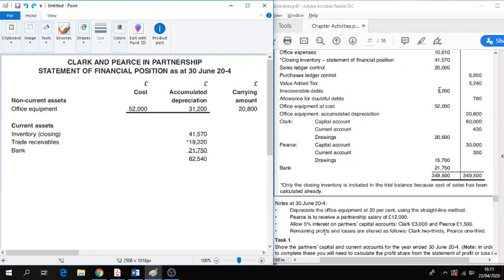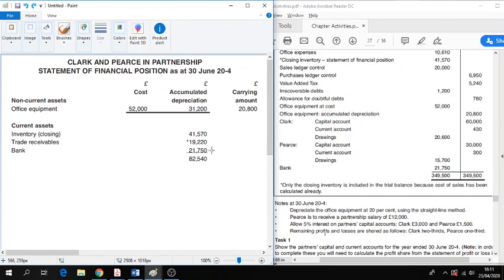So we have already credited the SLC, we've reduced it, and we've increased the expenses. That's how that got there in the first place. 1,200 appeared here. How? Because SLC was credited and irrecoverable debts was debited. So we don't have to worry about the 1,200. All you've got to do is very simple, SLC minus allowance for doubtful debts, which is that figure there.